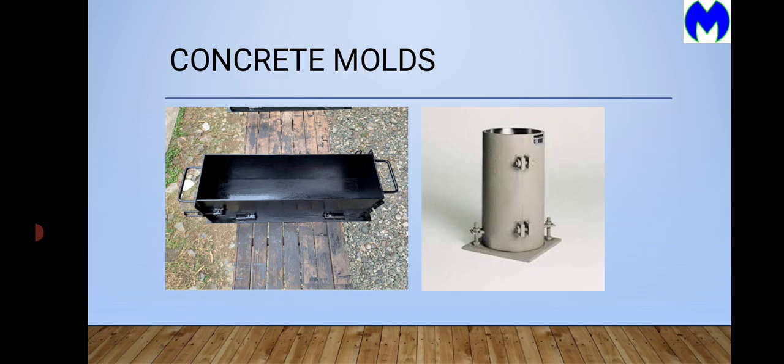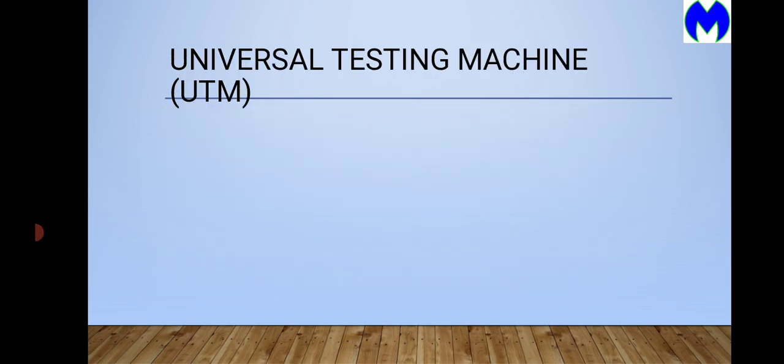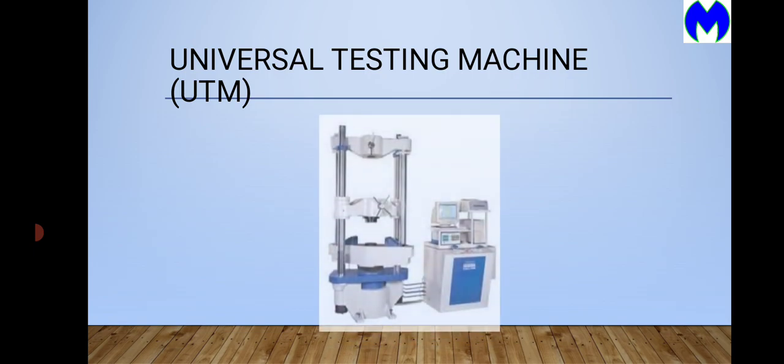So sinasalang yung sample concrete sa UTM, tapos kinakanda yung destructive testing hanggang sa mag-crack or mag-fail yung sample, tapos makikita na yung strength niya, ma-determine. Then we have the Universal Testing Machine or UTM.